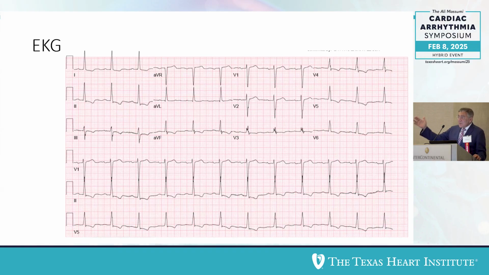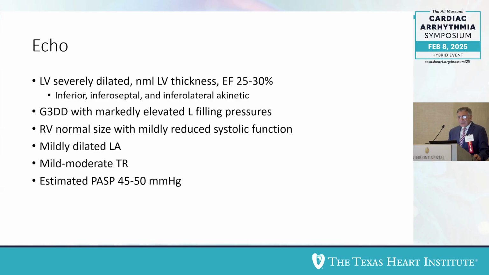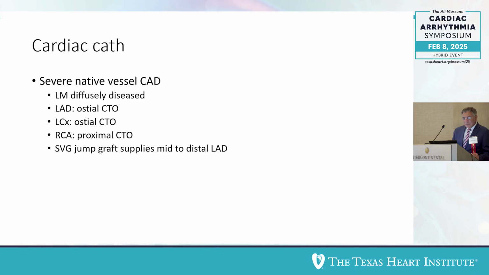He is on good medication, this is his EKG, so let's do the echo. We did the echo: EF the same, 25 to 30%, regional wall motion abnormality, grade 3 diastolic dysfunction, dilated, reduced RV function, and moderate pulmonary hypertension.